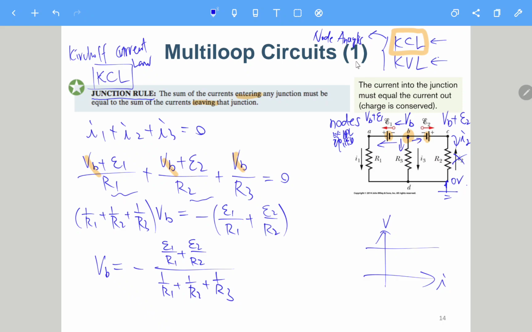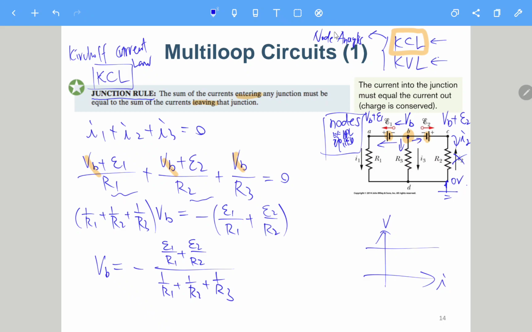But to make it more systematic, they try to find methods like node analysis. We only use KCL to solve the circuit, and as I mentioned, what we are concerned with is the node. We need to count how many nodes are in the circuit, and for every independent node we need to write an equation.